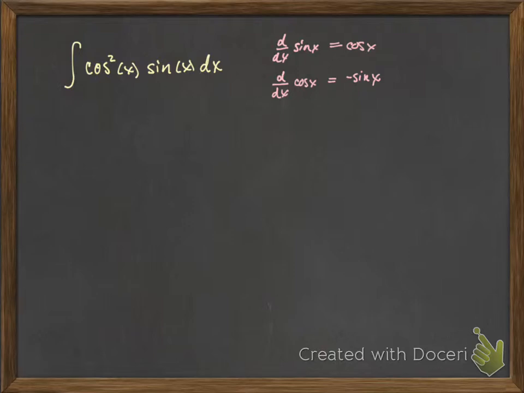So we might say, do I have a choice? Can I let u be sine or u be cosine? But the truth is no, or that isn't the best substitution, because let's say you do. Let's do it incorrectly and see how it breaks. If I say let u be equal to cosine of x, then du is, as we saw, negative sine x dx.